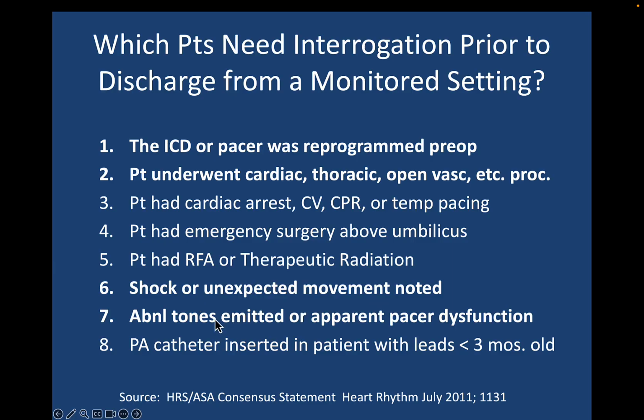Abnormal tones were emitted from the ICD, or there was apparent pacemaker dysfunction, or you had to place a PA catheter or a venous drainage line into a patient who had an ICD with leads that were less than 3 months old. In all those scenarios, interrogate the patient's device before the patient leaves the PACU or the ICU.